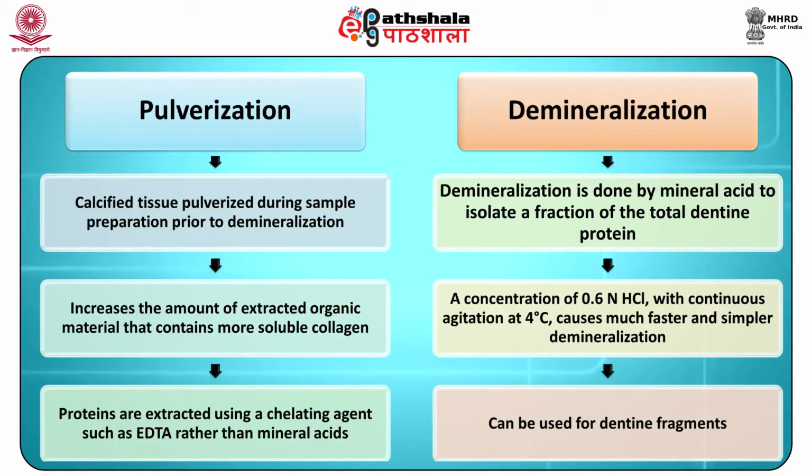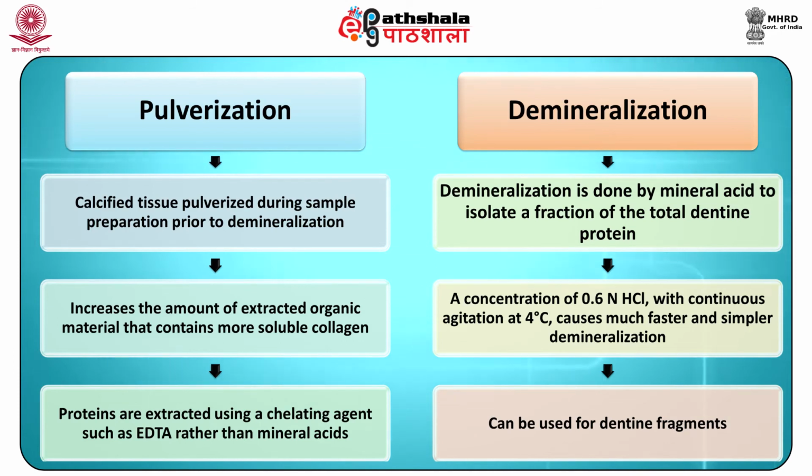Then pulverization. The calcified tissue is often pulverized during sample preparation prior to demineralization. The pulverization increases the amount of extracted organic material that contains more soluble collagen. The proteins are extracted using a chelating agent such as EDTA, that is ethylene diamine tetraacetic acid, rather than the mineral acids.